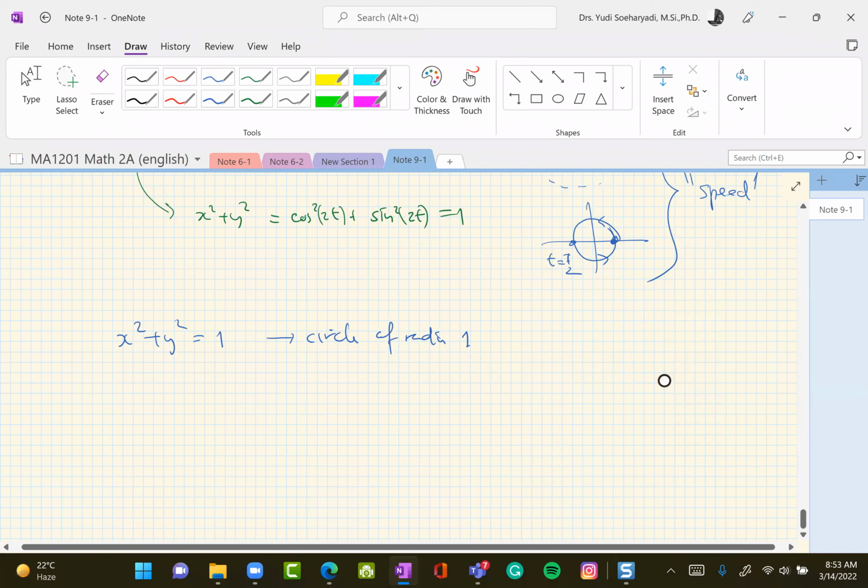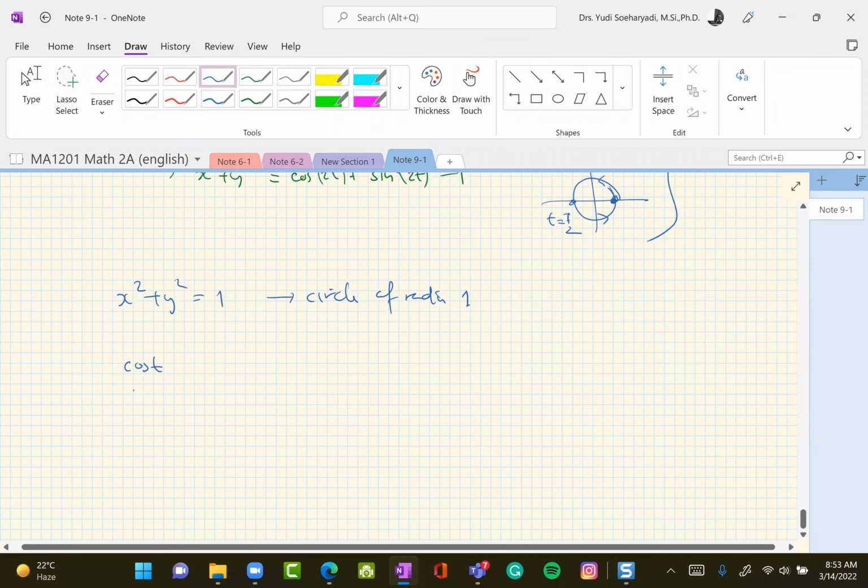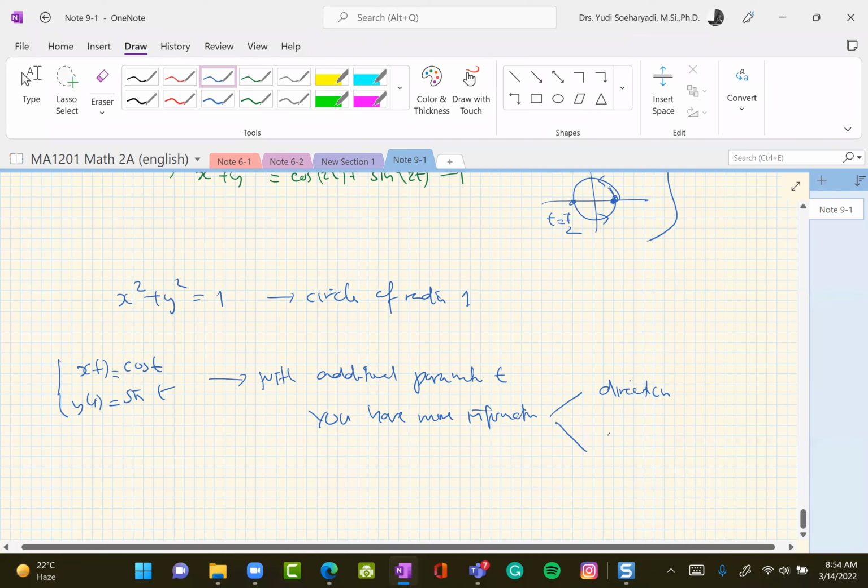But if you write this down as cosine t, sine t, so this is x, with this parameter t, you have more information. What is more information? You have directions and you have speed.